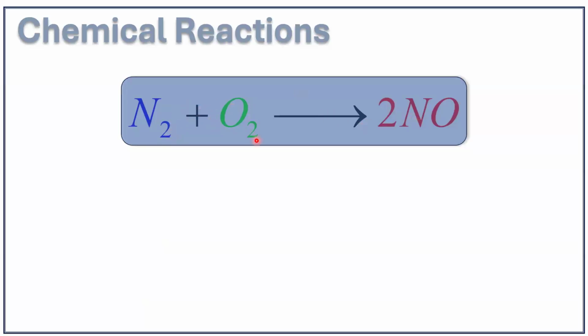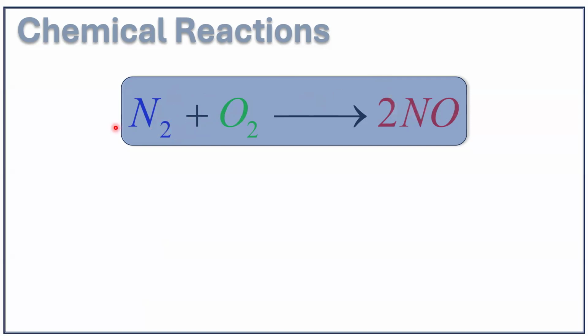That is, nitrogen and oxygen combine to give nitric oxide, NO. That is, 1 mole of nitrogen molecule and 1 mole of oxygen molecule combine to give 2 moles of nitric oxide molecule. So N2 and O2 are known as the reactants, and the reactants react to give the products.